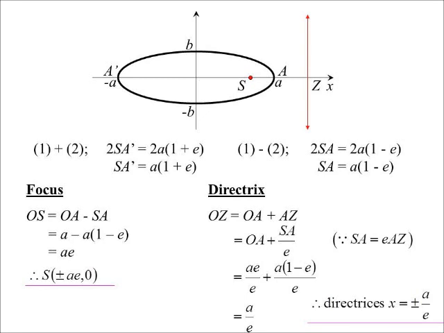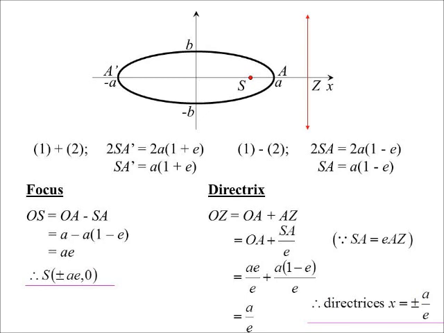Subbing all that in, and then playing around with the fractions, we just get A divided by E. So it's quite nice. The focus is A times E, directrix A divided by E. And again, there would be a matching one over on the other side due to symmetry, so the other one would be minus A on E.